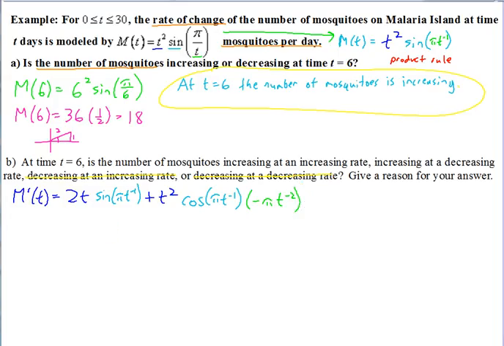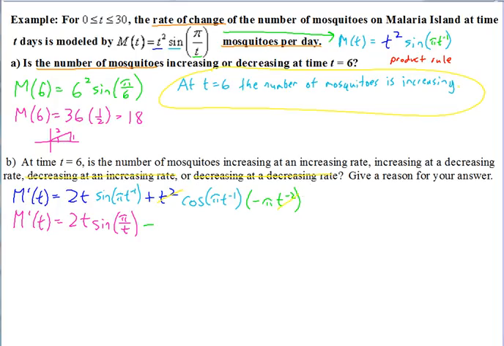And now let's go ahead and simplify this before we substitute in 6. For the first term, we'll just write as 2t sine, this just becomes pi over t, plus, actually not plus, and that negative out front, minus, and then notice what simplifies here. We've got t squared, if you bring that as a number, it would be t squared over t squared, or if you add the exponents, you have to be 0. Those reduce out.